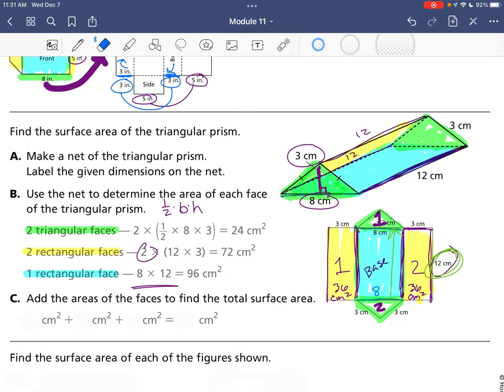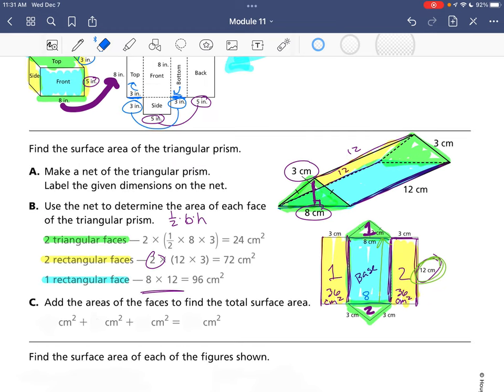Okay, whew. Now, lots of pieces to this. We're gonna take every single piece, my green triangles, my yellow rectangles, my blue base, and I'm gonna add them all together, just like our composite figure.